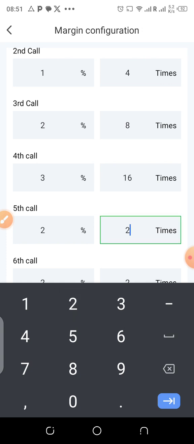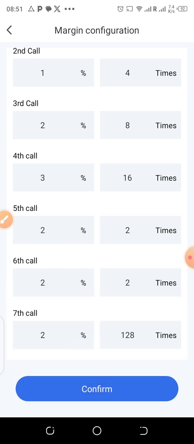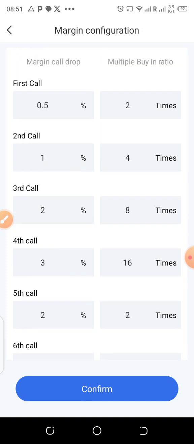So let's say 2. Here you trade basing on your capital, from the 5th call up to the 7th call. It can be more than this. You can set up to 10 margin calls, 100 margin calls. It depends on your capital.